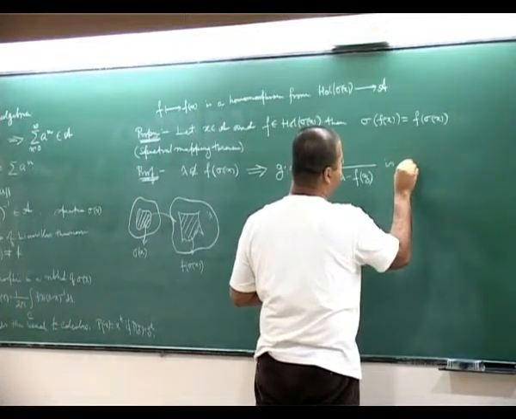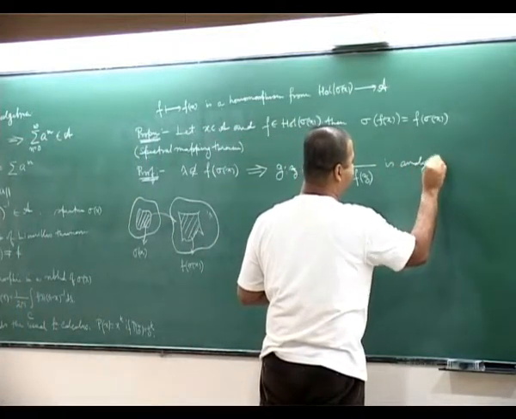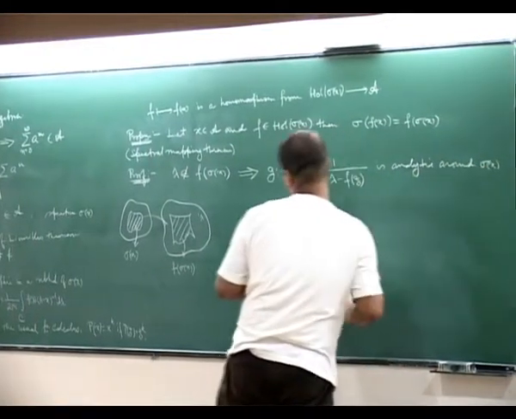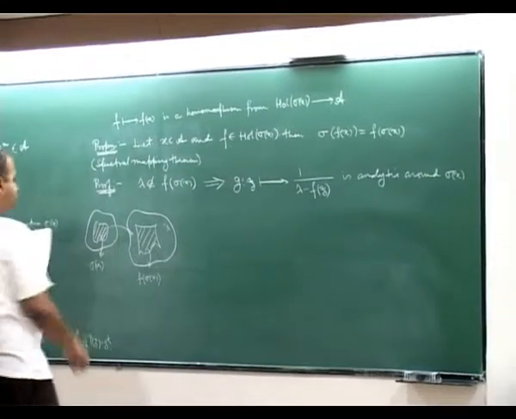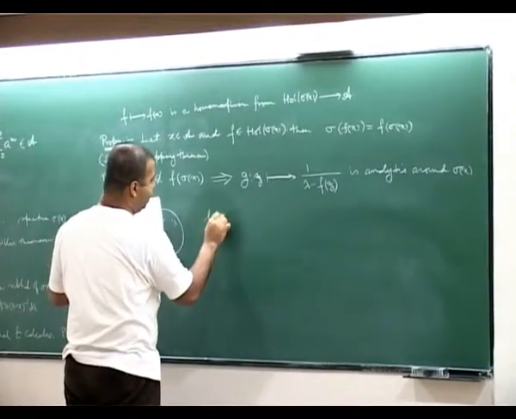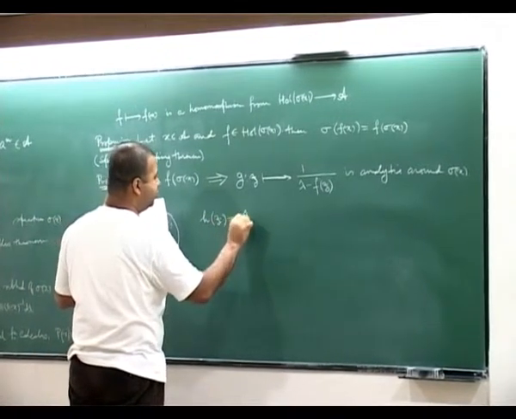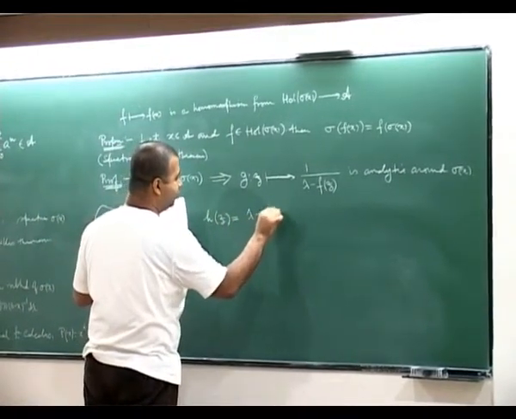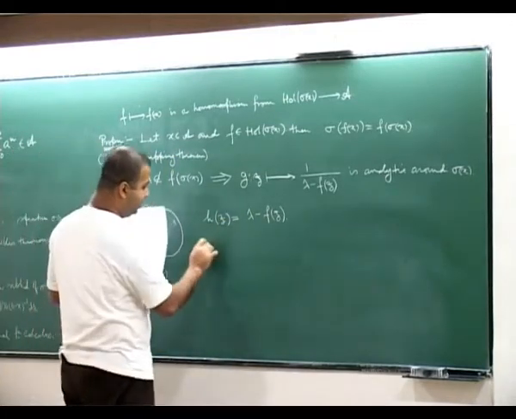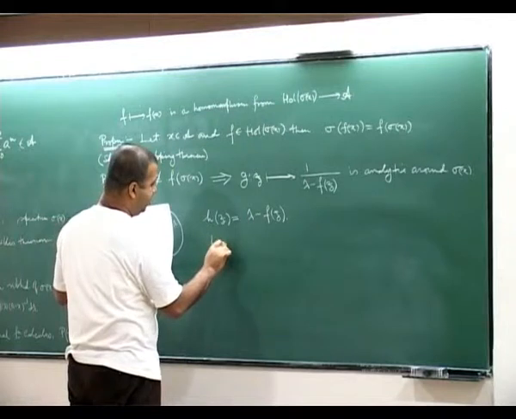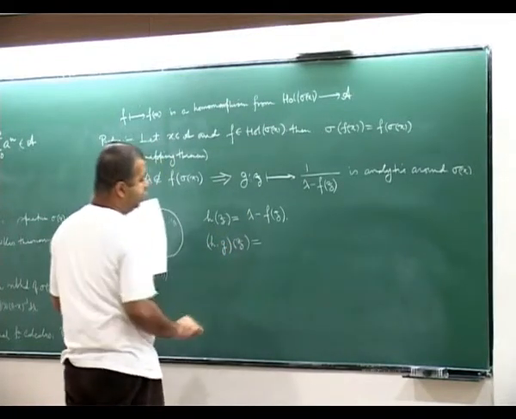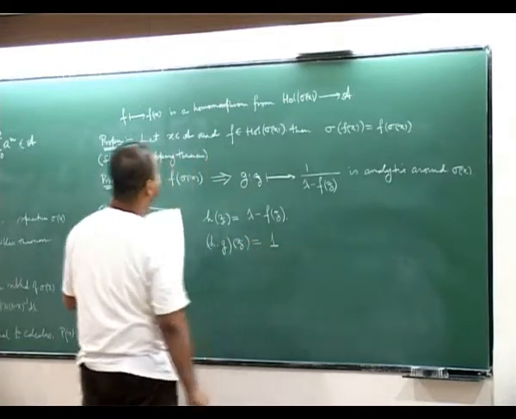So this is analytic, and now if we call this function h(z) equal to lambda minus f(z), then h times g at z equal to 1.